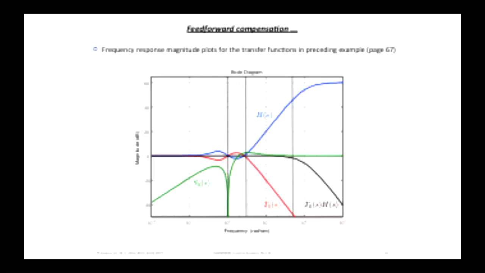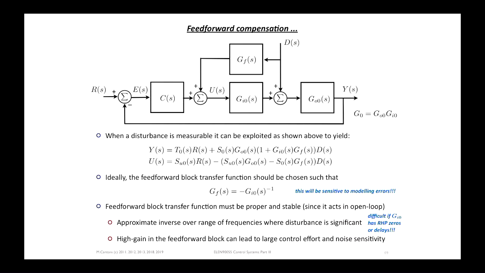Okay. So this idea can be extended to the situation where you can measure the disturbance. I mean, you can always measure the reference because that's your way of commanding the system, so you know what the reference is. Sometimes you can measure the disturbance. And so you can introduce an extra degree of freedom in this path here, which is, again, like open loop control.